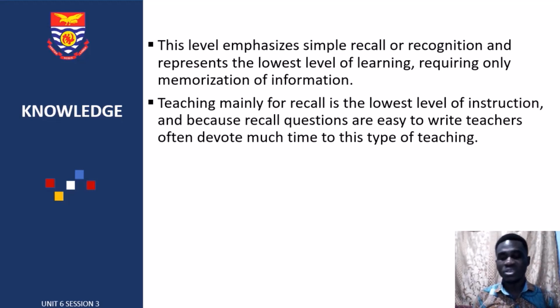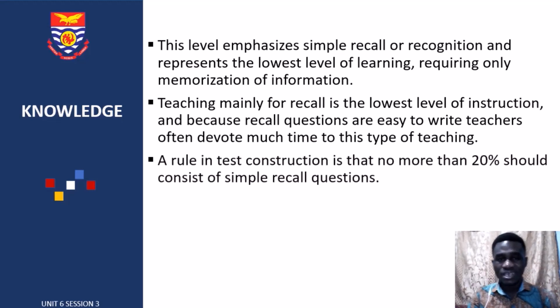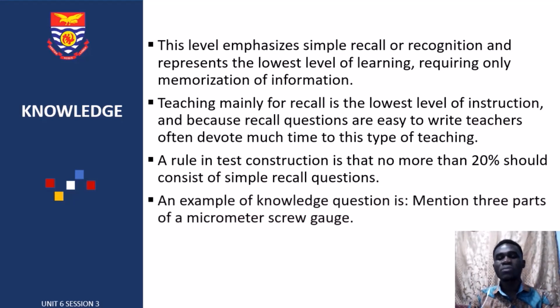A rule in test construction is that no more than 20% of your test items should consist of simple recall questions. So we must take note of this rule. An example of a knowledge question: mention 3 parts of a micrometer screw gauge.